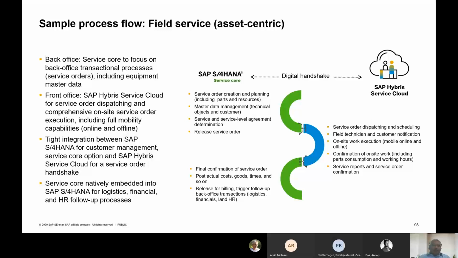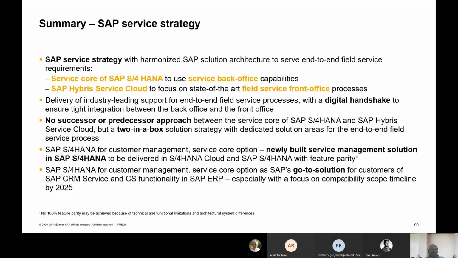So we also have service core nativity embedded into S/4HANA for logistics, as I mentioned earlier. Now, what should be my service strategy as a customer? The service strategy would be to use the service core of S/4HANA for all the back office, as we saw in the first slide, and the SAP Hybris Service Cloud for the front office, basically the customer facing operations and those confirmations.